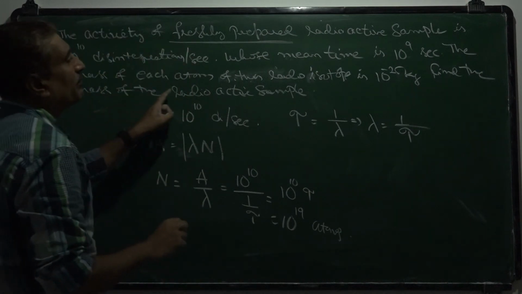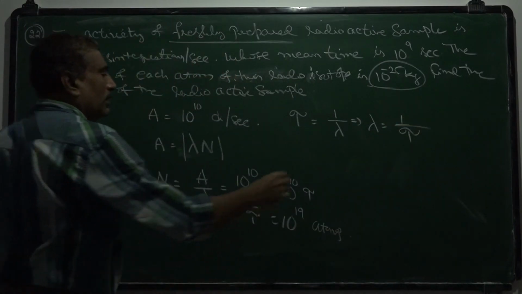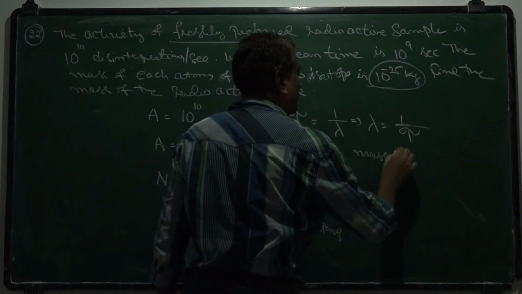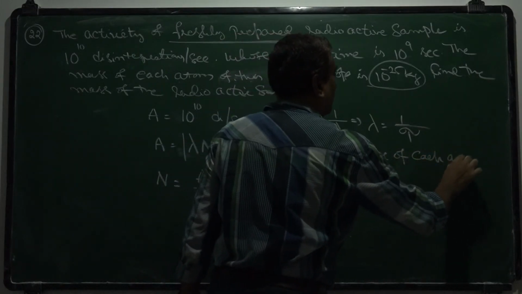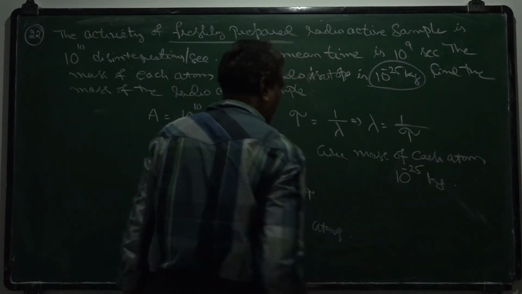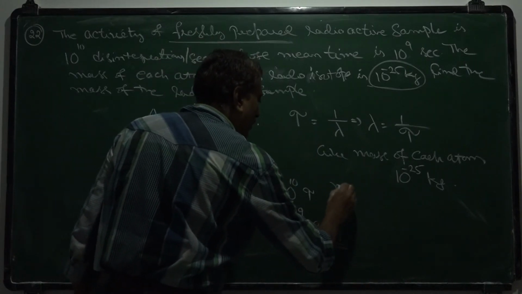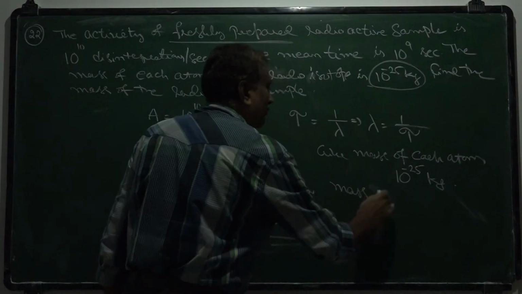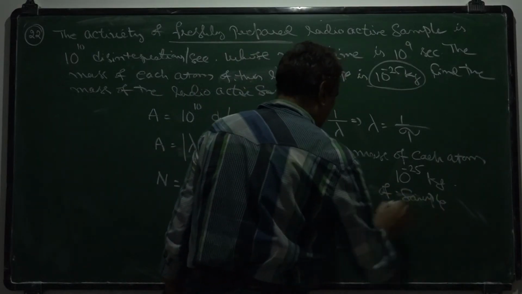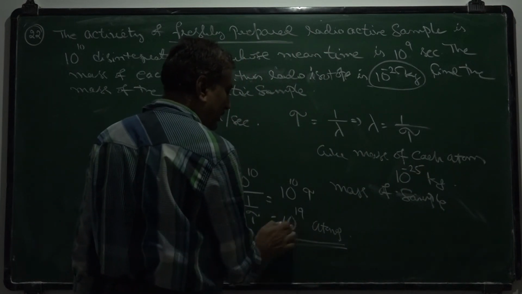Given that the mass of each atom is 10 to the power minus 25 kg, this many atoms will contain a mass of: each atom has 10 to the power minus 25 kg and the number of atoms is 10 to the power 19.